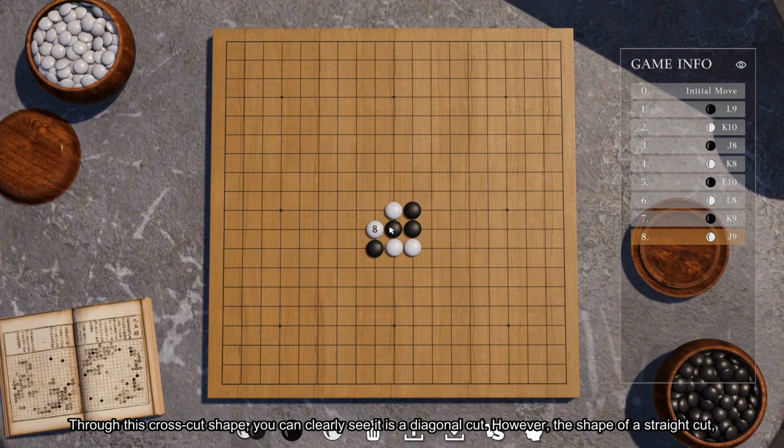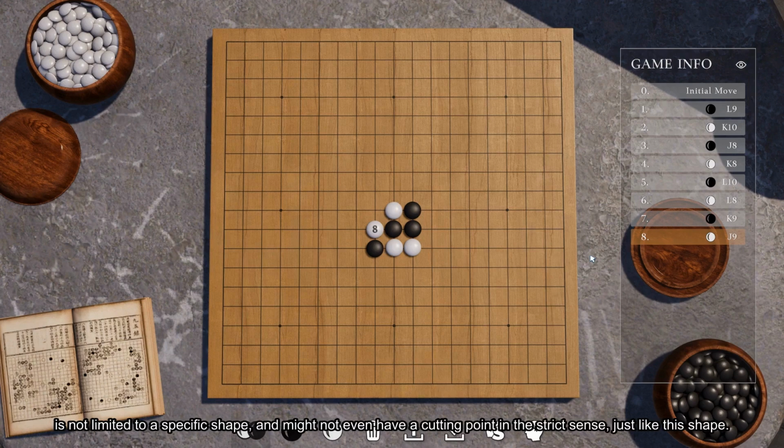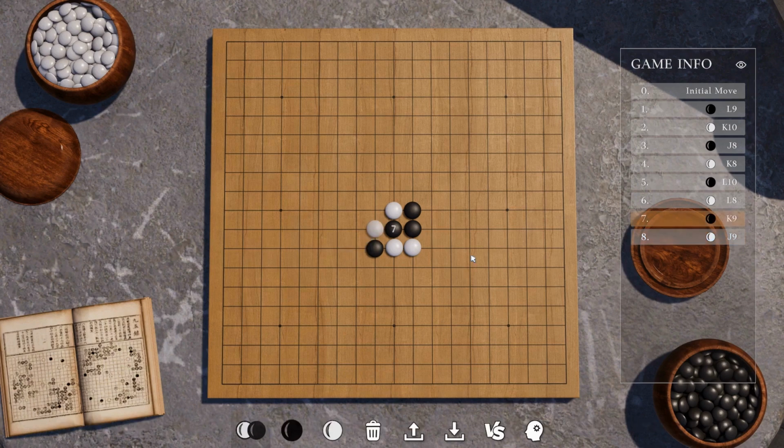Through this cross-cut shape, you can clearly see it is a diagonal cut. However, the shape of a straight cut is not limited to a specific shape and might not even have a cutting point in the strict sense, just like this shape. It cuts the opponent while its own stones remain safely connected.